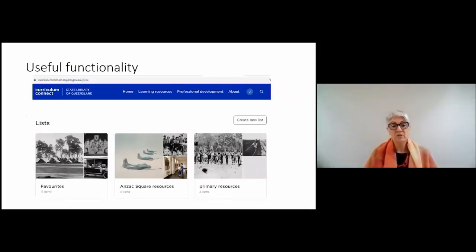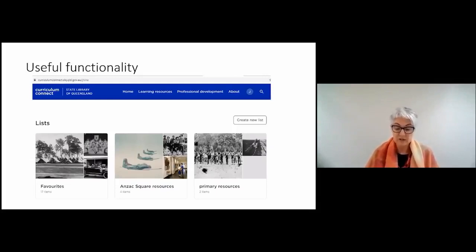The result of this consultation with teachers includes improved functionality, such as the ability to make and save lists of favourite resources and share these via a link with colleagues or students. The ability to download the resources as Word documents to enable easy adaptation.